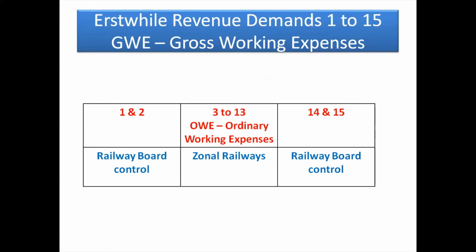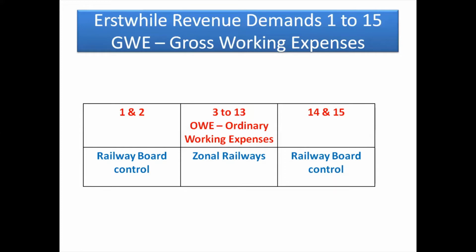Demand numbers 1 and 2 are Railway Board, and demand numbers 14 and 15 are also Railway Board, and demand numbers 3 to 13 are the ordinary working expenses, the zonal railway expenditure. That means the first 2 demands are Railway Board, the last 2 demands are Railway Board, and those in between, 3 to 13, are called zonal railways working expenses.